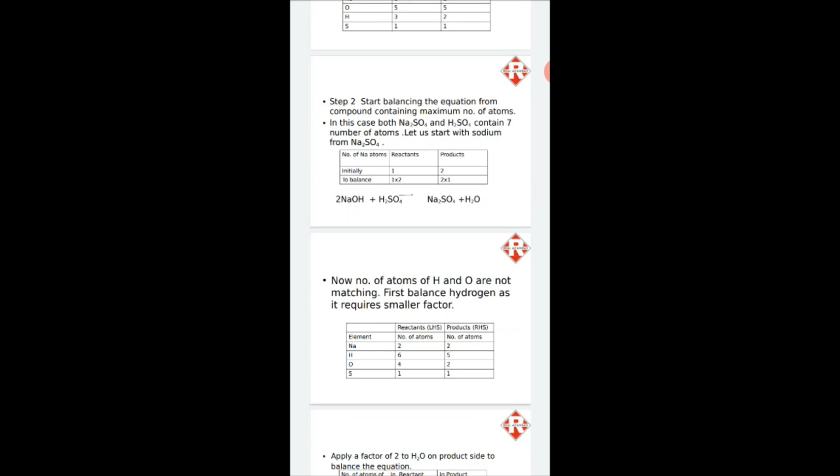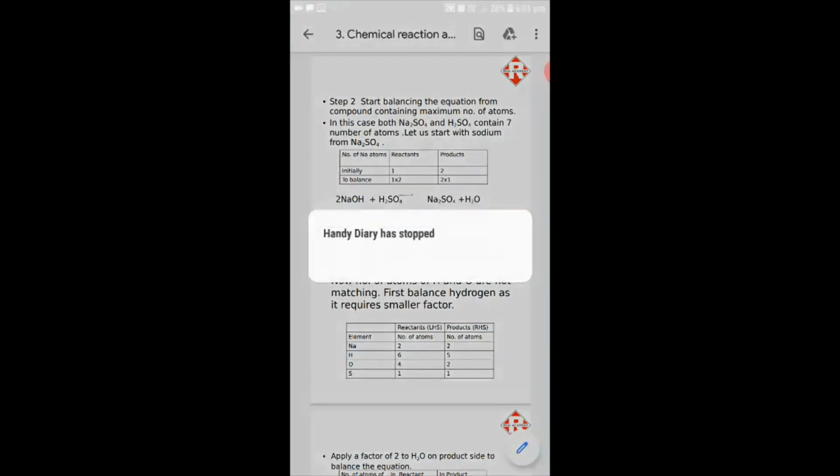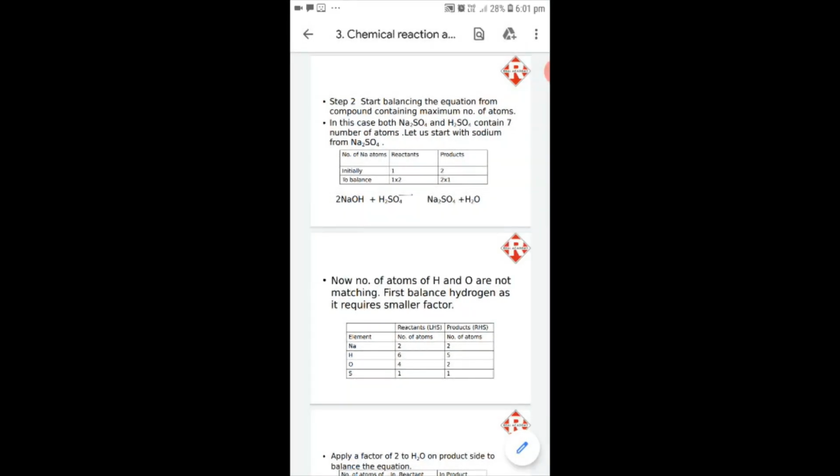Initially how much is present: 1 on the LHS, and on the RHS 2. So for balancing, we multiply by 2 on the LHS and multiply by 1 on the RHS. So it becomes 2 and 2.